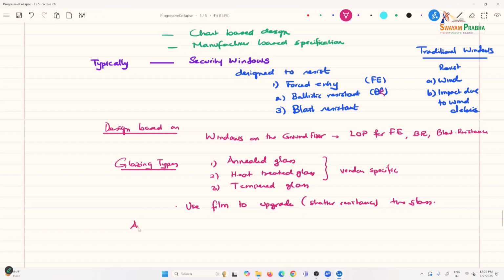Annealed, some basic properties or features of these types of glasses. Annealed glass is breakable into small pieces, and these become projectiles.